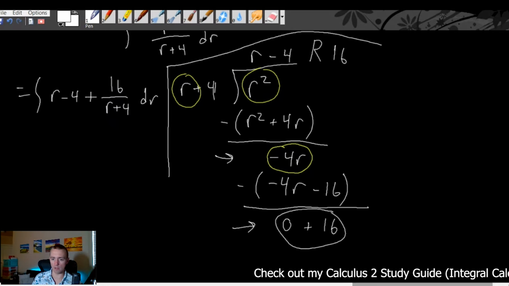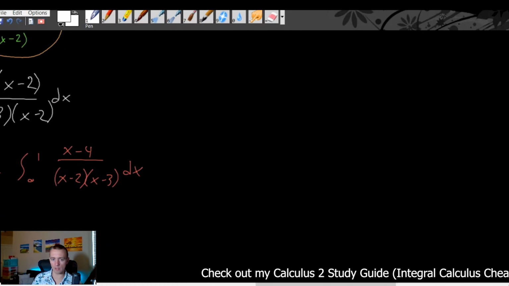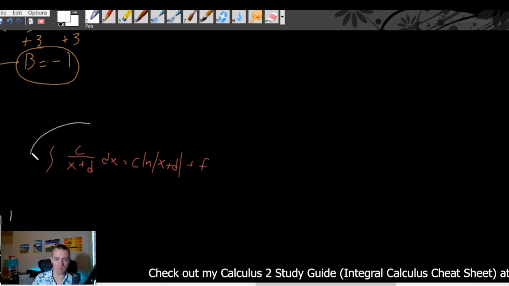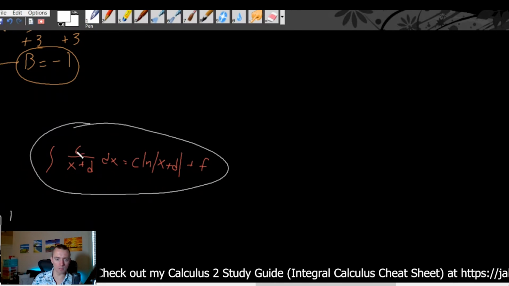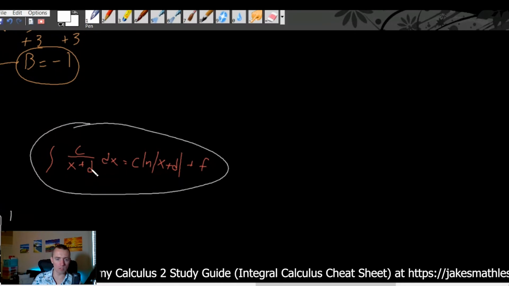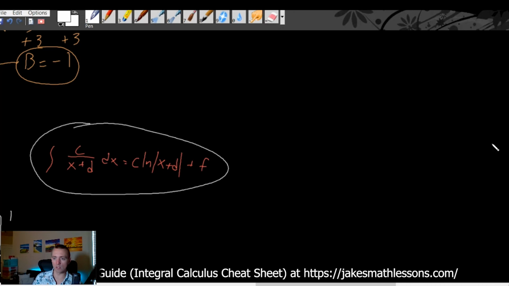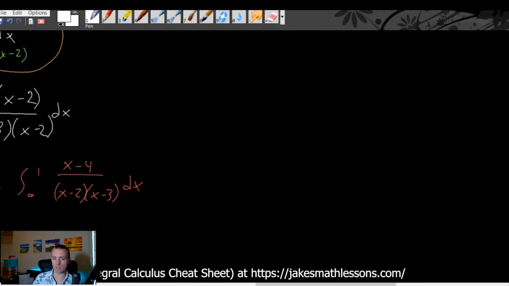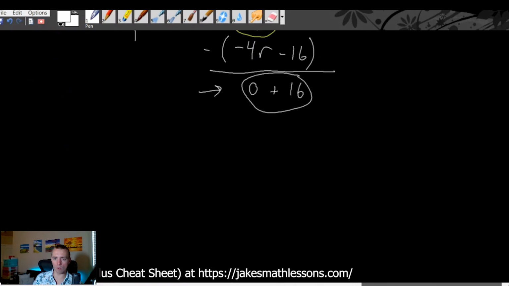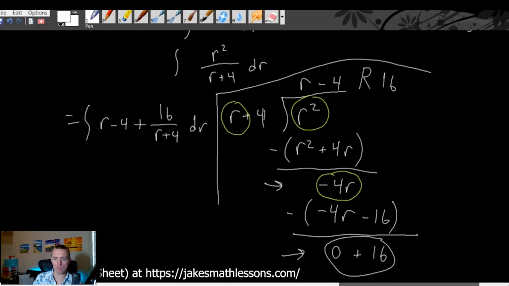I just talked about it back over here. Let me go back down to that formula. It's right here. The integral of some constant over your variable plus or minus some constant can be broken down using this formula.